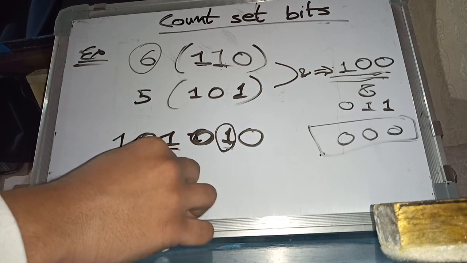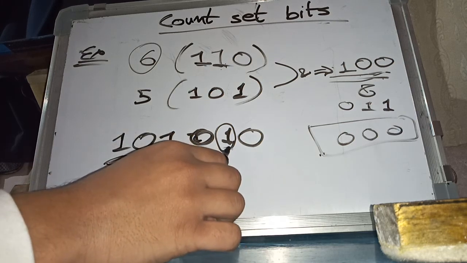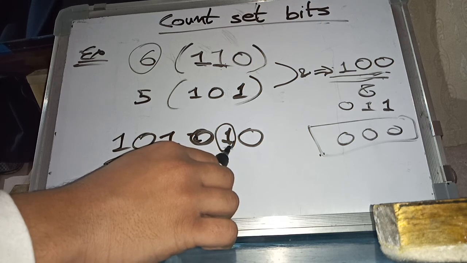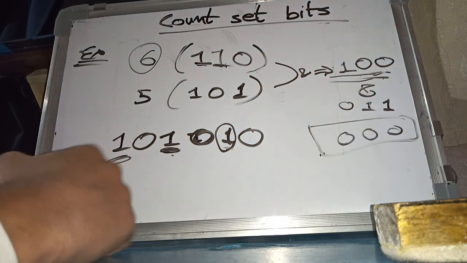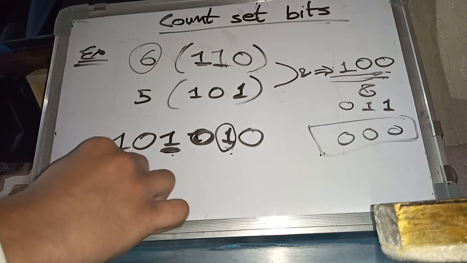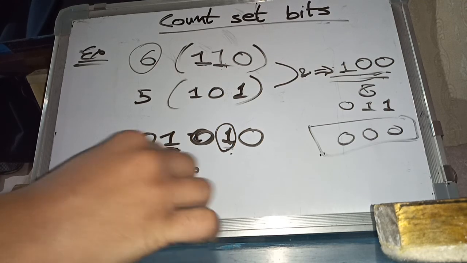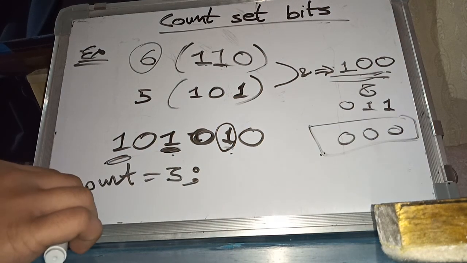So how many times will my loop run? It would actually run 3 times, right? Because the number of set bits in this number is only 3. For every iteration of that loop, I'll increment the count.